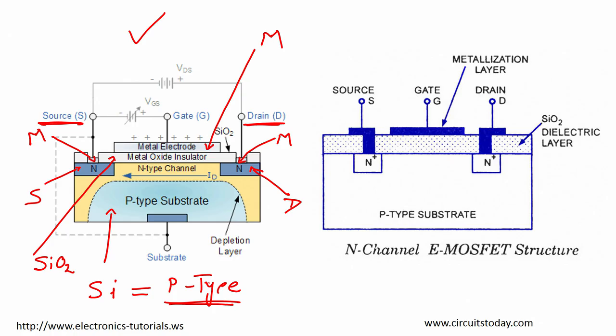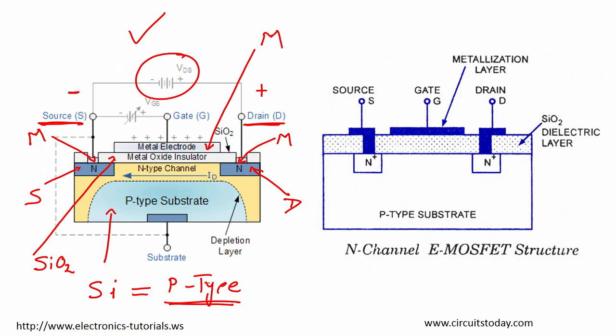Now, I can apply a potential difference or voltage between drain and source. So, here what I have done? I have applied positive voltage to the drain, negative to source.